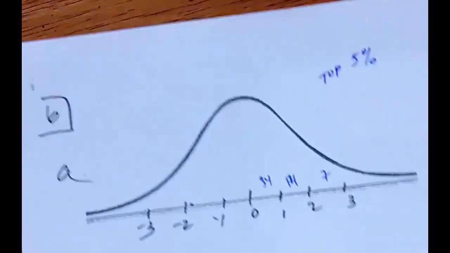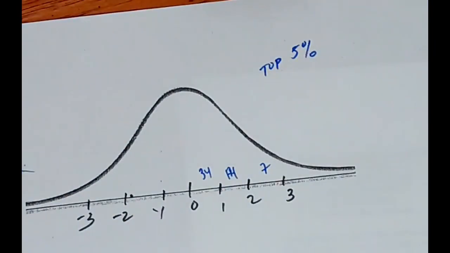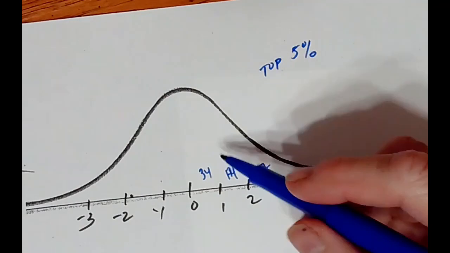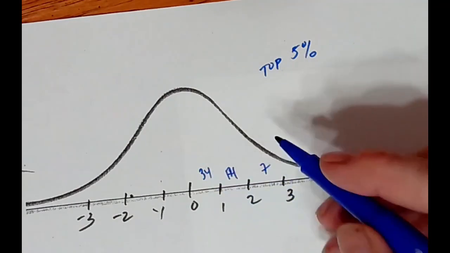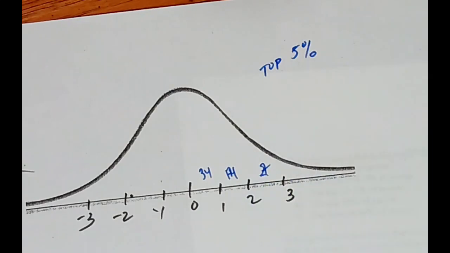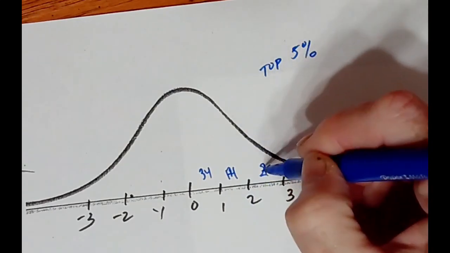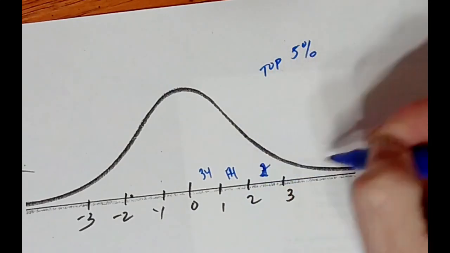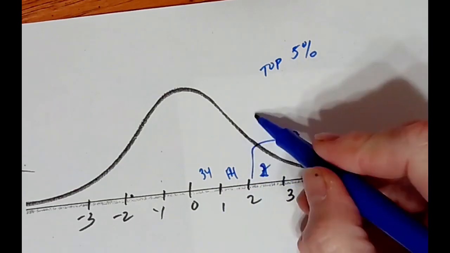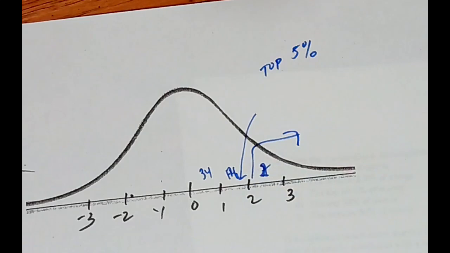All right, so the first question, I've written these down here. The first one was the top 5%. So the top 5% is 34.14, and then you've got 2 on, right? So somewhere in here it's going to be more than 2. That's 2, but that's 14, so that's too much. So it's somewhere between 1 and 2, top 5%, and we're looking for the area beyond z.